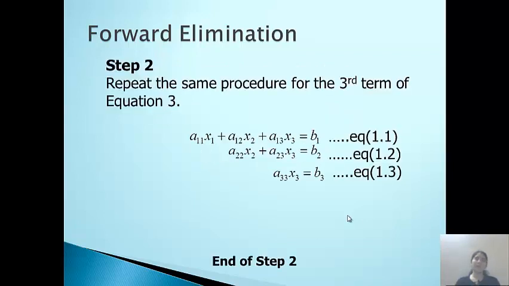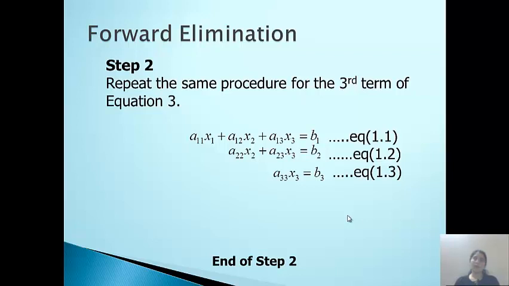Now repeat the same procedure for the third term of equation 3. For equation 3 we have to make the coefficient of x2 zero, for which we have to multiply equation 2 by a32 and divide it by a22 and subtract the result from equation 3.